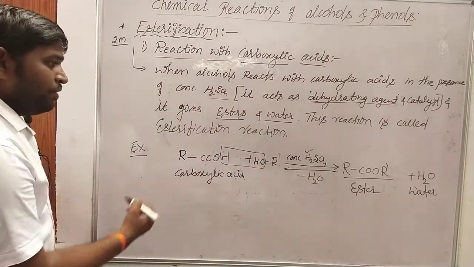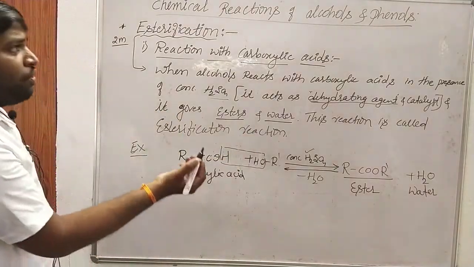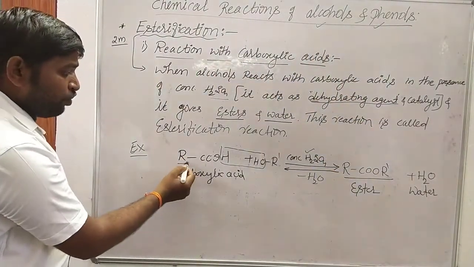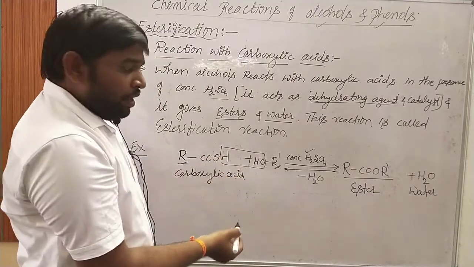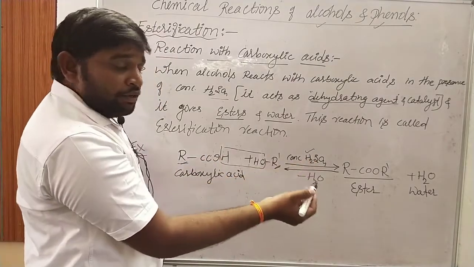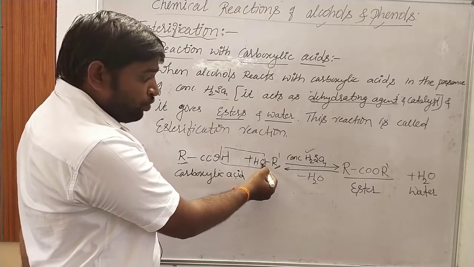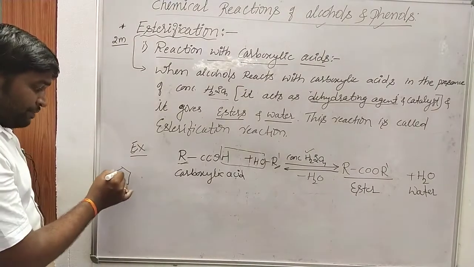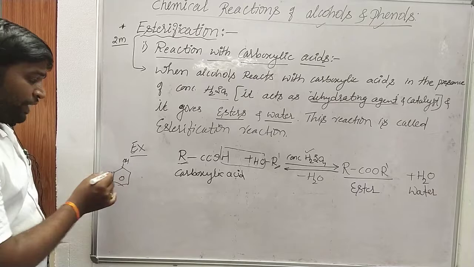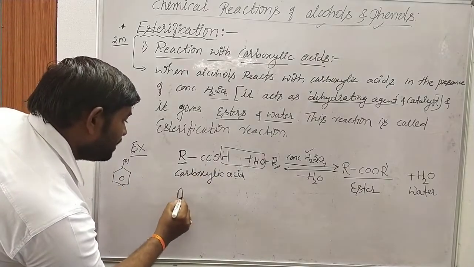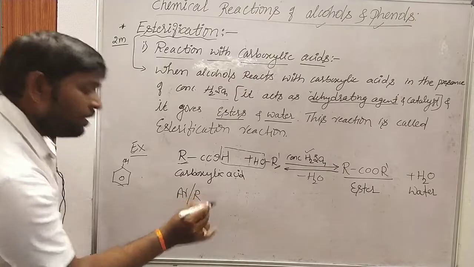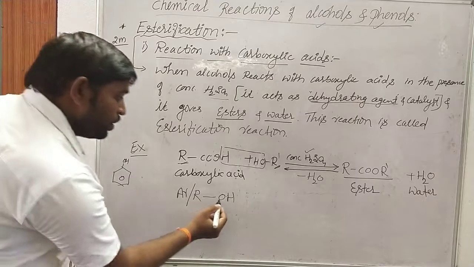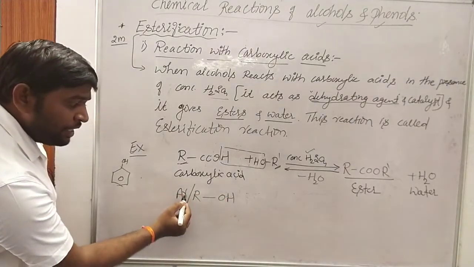Okay. Now let us take one more equation for this. Any alcohols or phenols we may consider. If you consider an alkyl group, that becomes alcohol. If you consider AR, meaning an aromatic group containing an OH group, OH group containing aromatic compounds are called phenols. The aromatic compound, that is benzene, directly substituted by OH group is called phenol.